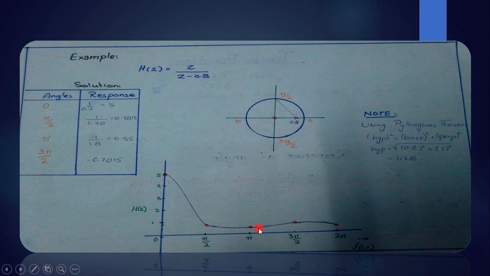When the frequency was pi, it was 0.55. So we see that this filter will be just like a low pass filter: it blocks the high frequencies and allows the low frequencies to pass.